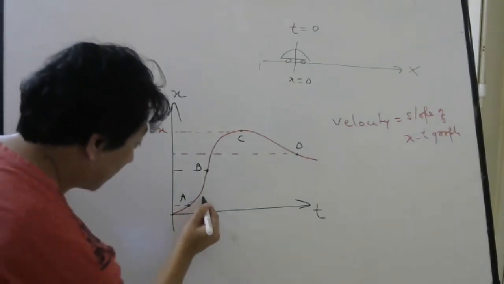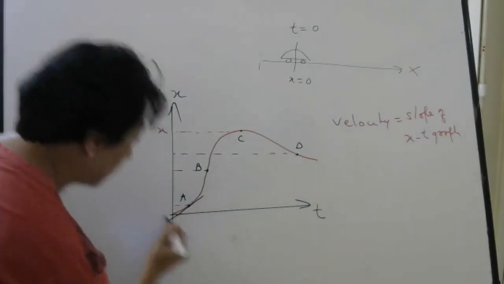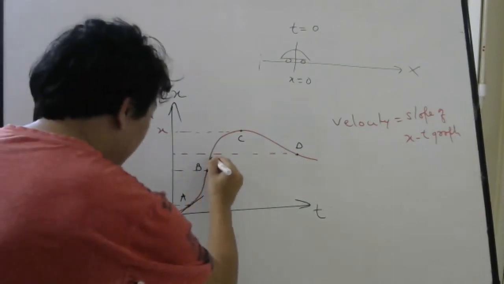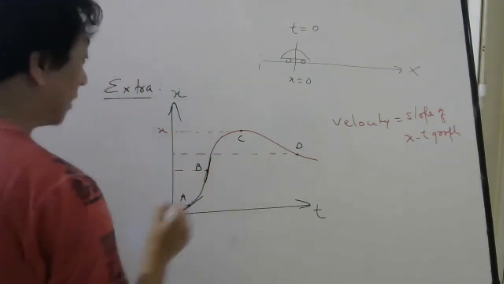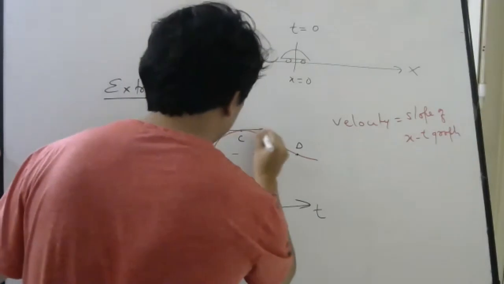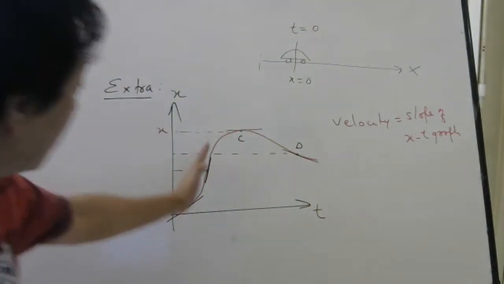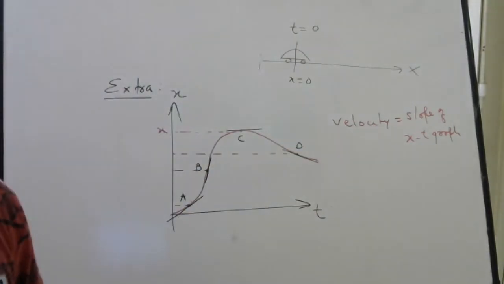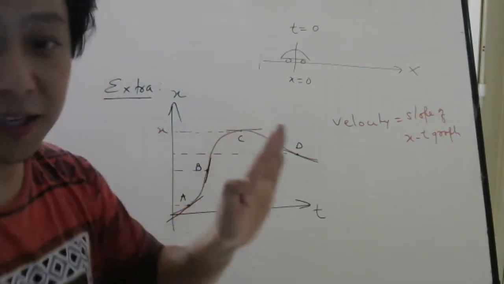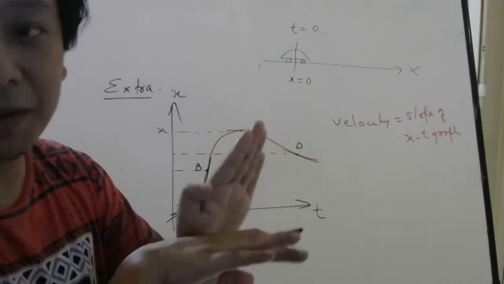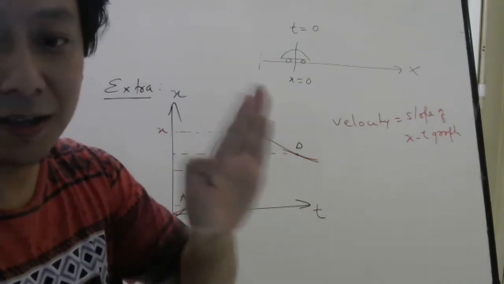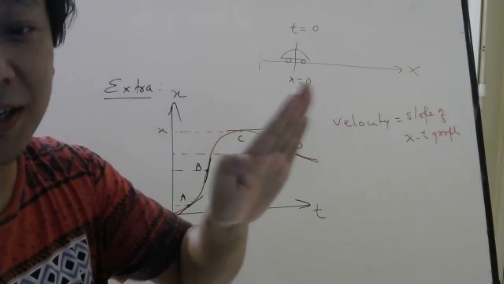So let me draw a tangent here. Then let me draw a tangent here, and here, and here. So these are my tangents at different points. At which point is the tangent making maximum angle? I mean, where does it have more slope?